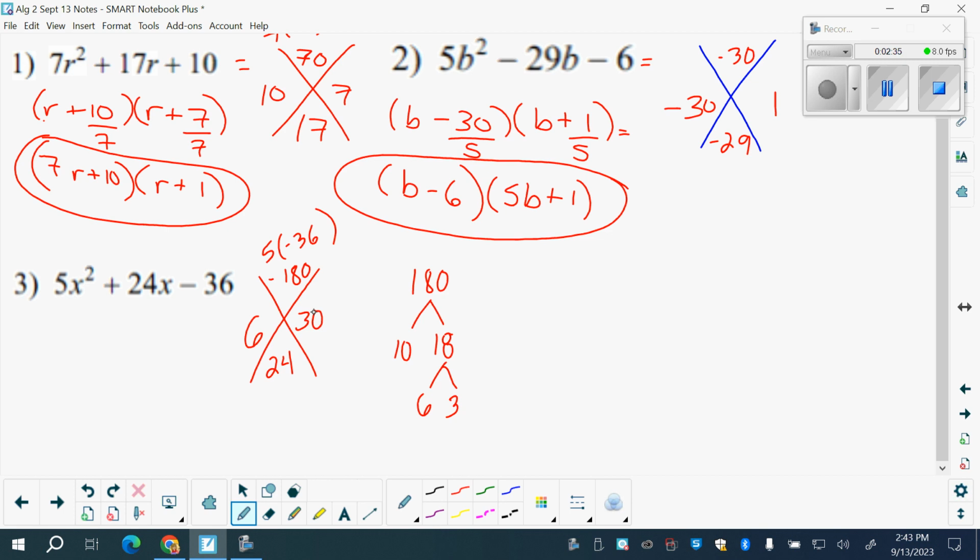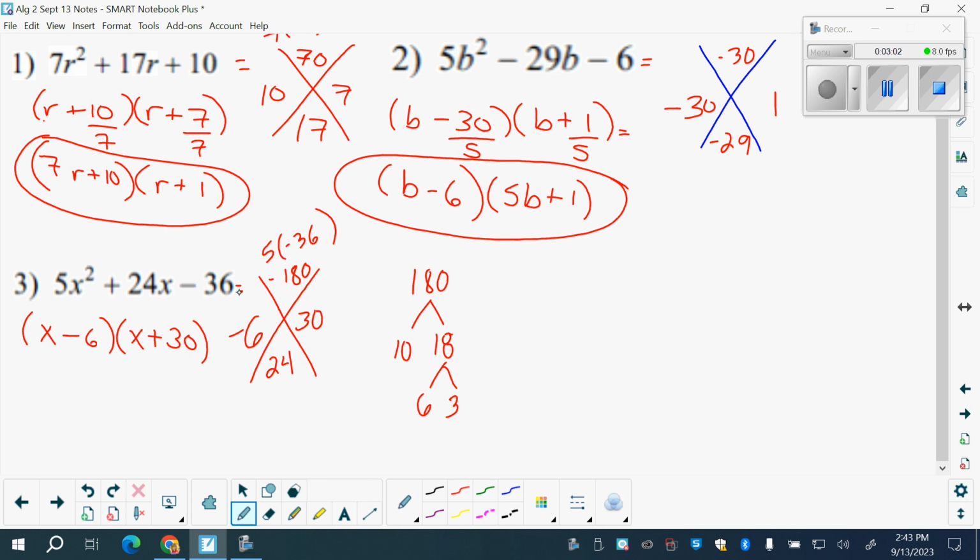So 6 and 30, our sum is positive, our product is negative. What are our signs on that? Negative 6. So we have x minus 6, x plus 30. And then I'm calling somebody.